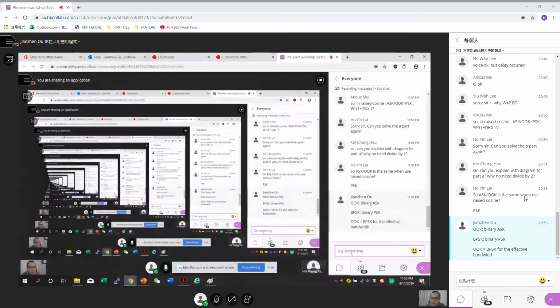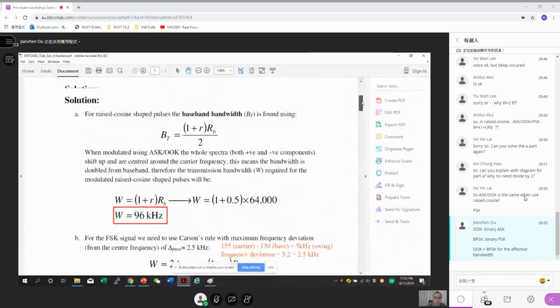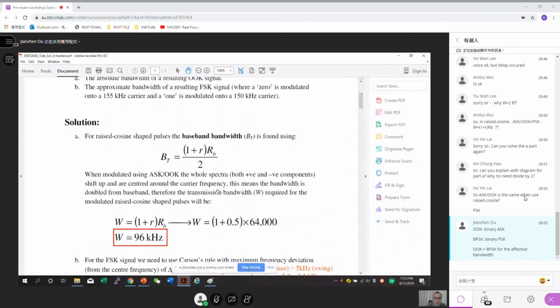So OOK is equal to BPSK for the effective bandwidth. For the effective bandwidth calculation, OOK is going to be similar to BPSK. I think in the solution, Katrina already explained quite well why the formula becomes like that. But this one, you definitely have to go back to the lectures on digital modulation and the textbook to see it described in more detail, because this one only comes from the shortcuts.